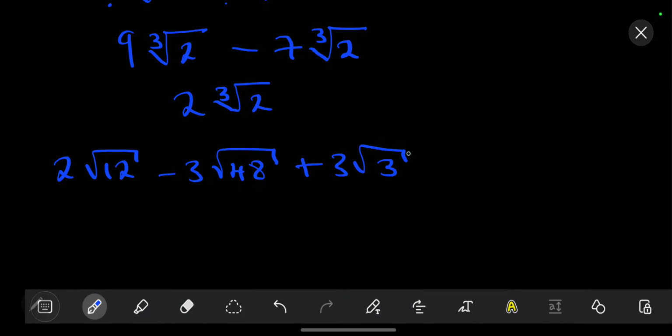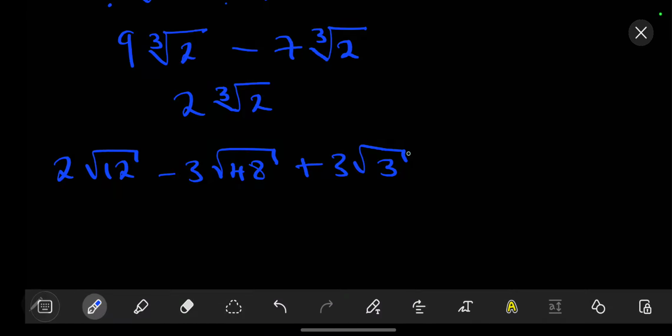Then we can split this square root. So we are going to have 2 square root of 4 times the square root of 3. Then we have minus 3, which can be broken down to square root of 16 times the square root of 3. Then we have plus 3 square root of 3.